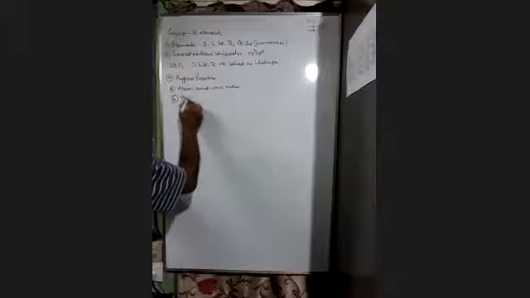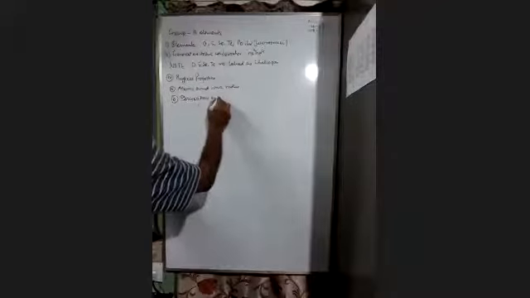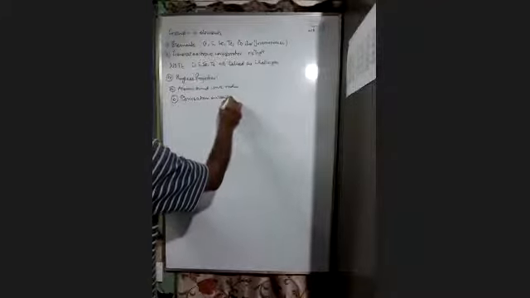Now comes ionization enthalpy. Ionization enthalpy also increases from left to right, so the ionization enthalpy of group 16 elements should have been more than group 15 elements.